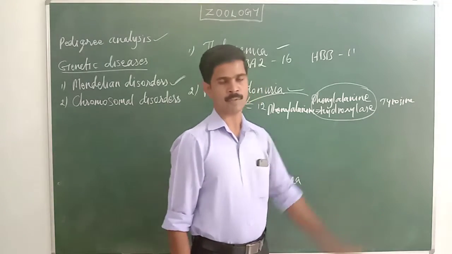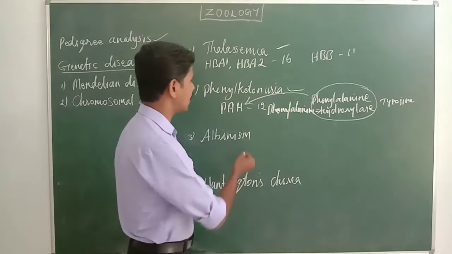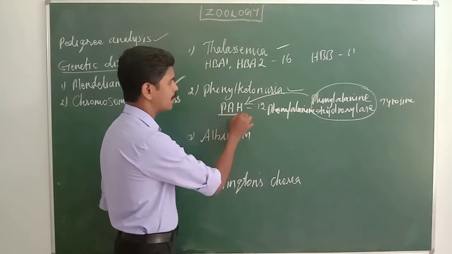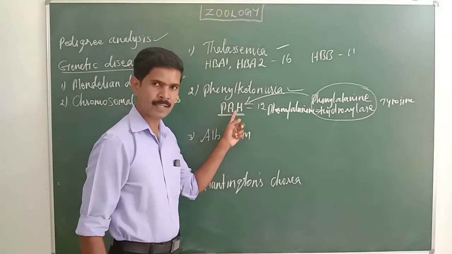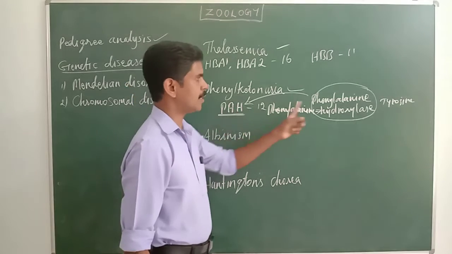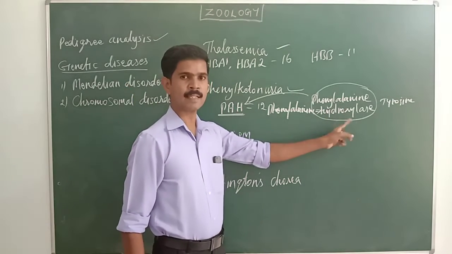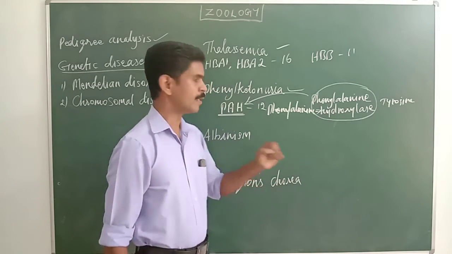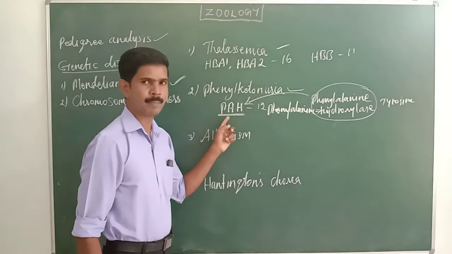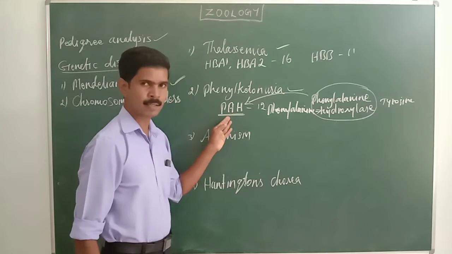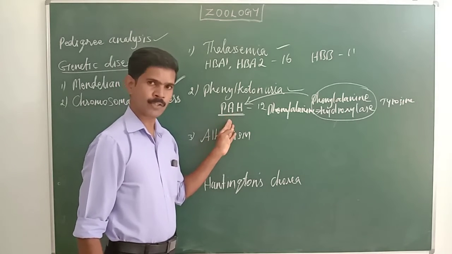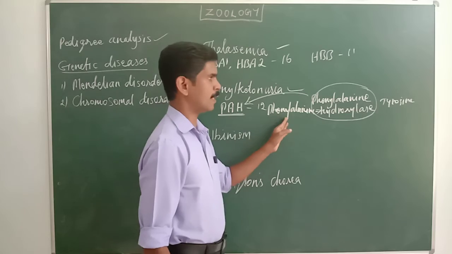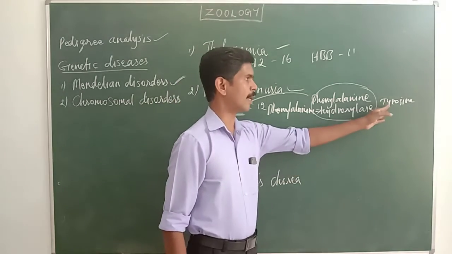If any mutation or damage occurs in this PAH gene, the production of phenylalanine hydroxylase is completely stopped. So this phenylalanine is not converted into tyrosine.